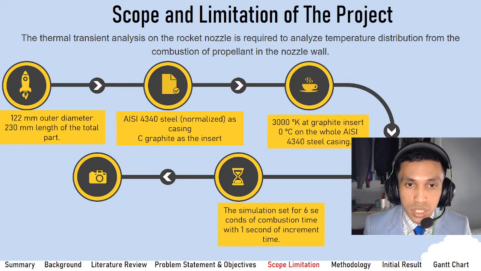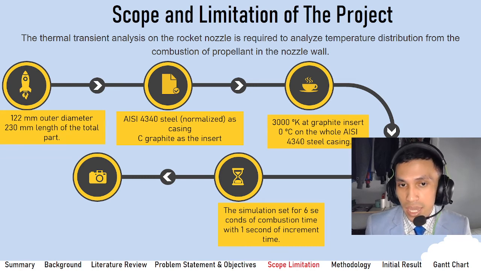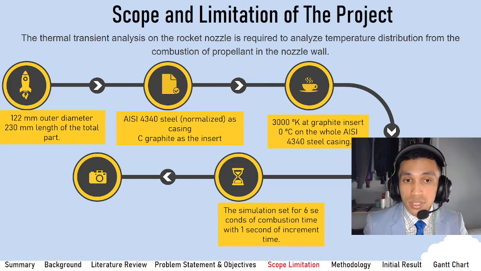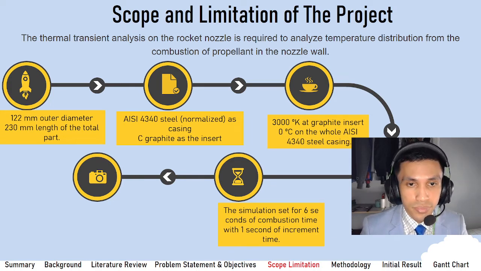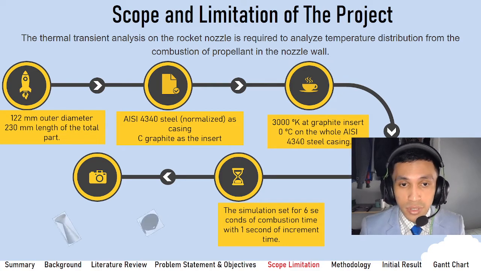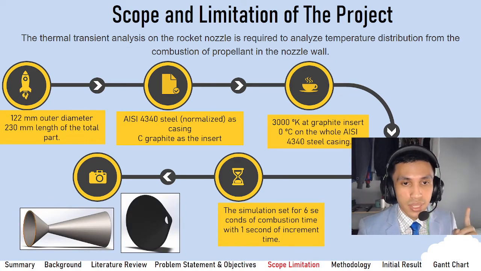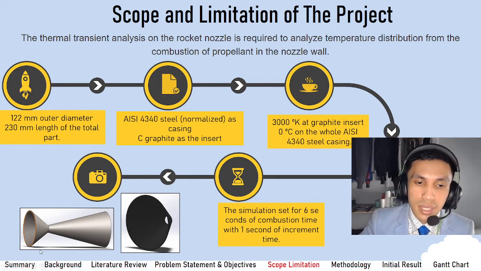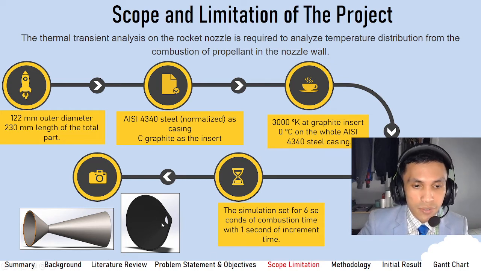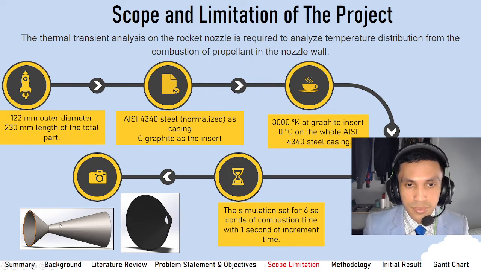The initial temperature was set at 3000 Kelvin at the graphite insert and 0 Celsius on the whole 4340 steel casing. The simulation is set for 6 seconds of combustion time with 1 second increment time. So here is the result of the design for the graphite and the casing.